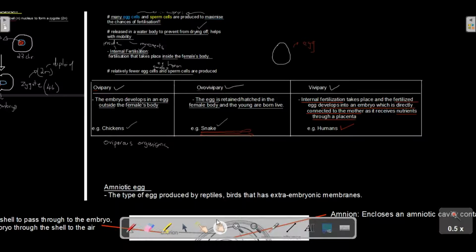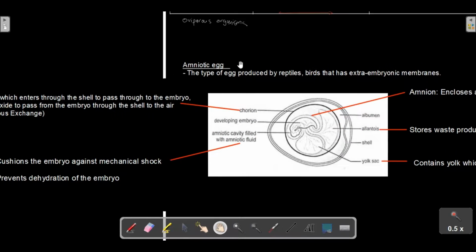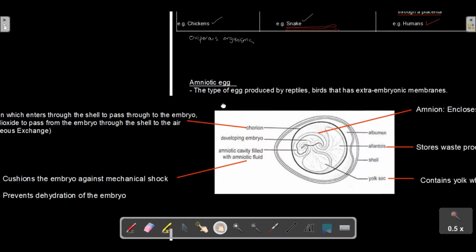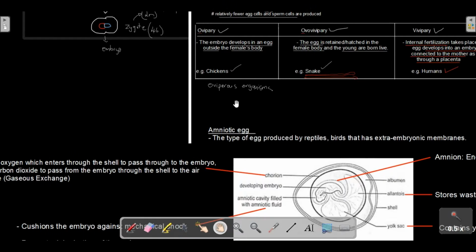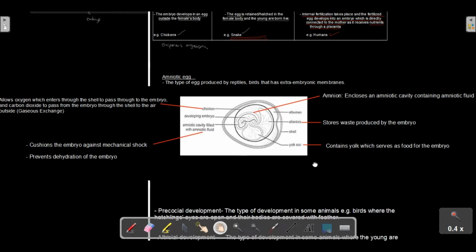So the oviparous and ovoviviparous organisms have embryos growing inside of an egg, and this egg is what we call the amniotic egg. You can imagine an embryo, if it is growing, needs nutrients and needs to be protected, and this amniotic egg serves all of those functions. As you can see here, we have a diagram.